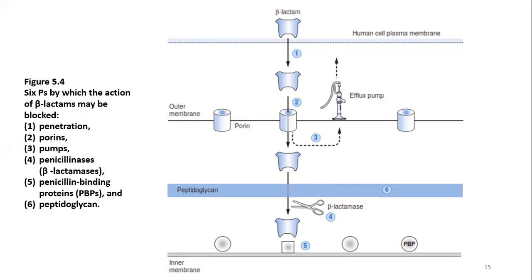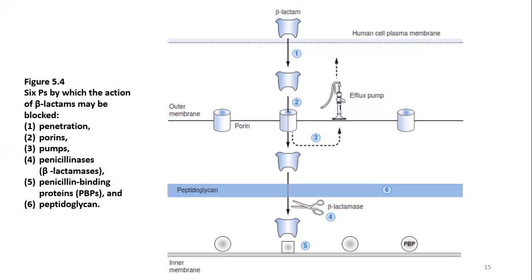The fifth one is the penicillin binding proteins. The bacteria modify the penicillin binding protein. Penicillin binding proteins are proteins that are involved in the biosynthesis of the peptidoglycan layer. So what does the penicillin do? The penicillin binds to those proteins and blocks their function. So what do the bacteria do?